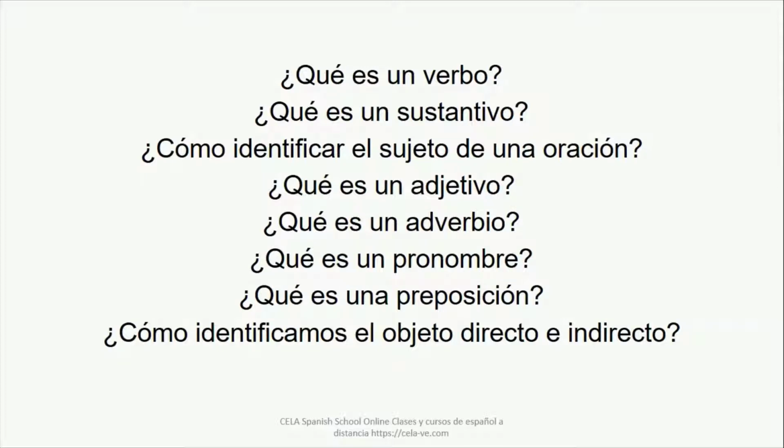Here we mean the grammatical subject and not the word subject as topic or theme. What exactly is an adjective? What is an adverb? What is a pronoun? How can you identify the direct and indirect object?